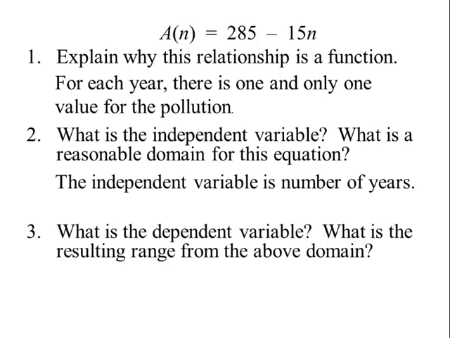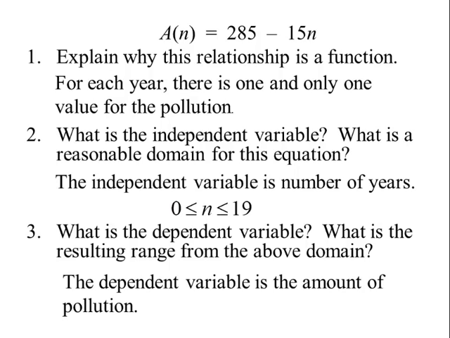A reasonable domain would be, since we're talking about the amount of pollution, when n is 0, the largest amount of pollution is 285. The smallest amount of pollution is when the pollution amount is 0. That happens when n is 19. So a reasonable domain would be from 0 to 19 inclusive.